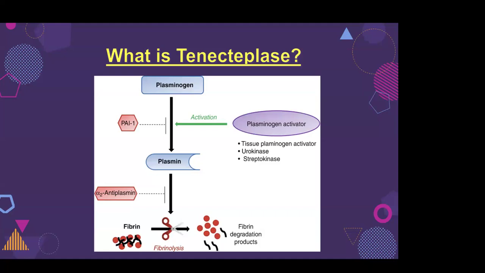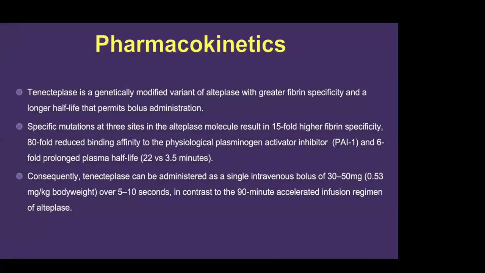So everything in the body has to be balanced. So this particular action is inhibited by PAI, which is plasminogen activator inhibitor, which is seen in the red here. So now we're talking, tenecteplase is a genetically modified version of TPA. The benefits are, it has greater fibrin specificity and a longer half-life.